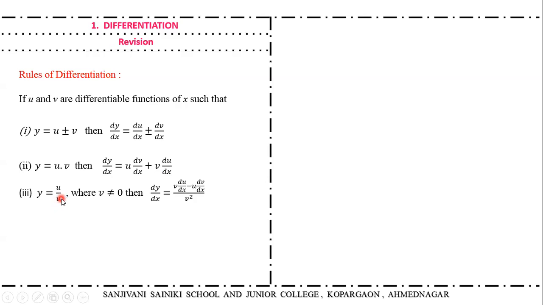That means the derivative of the quotient of the two functions u by v. It is defined as dy by dx is equal to v into du by dx minus u into dv by dx upon v square. This is the quotient rule.